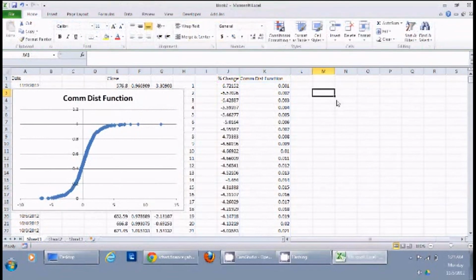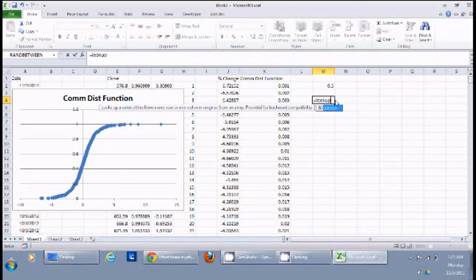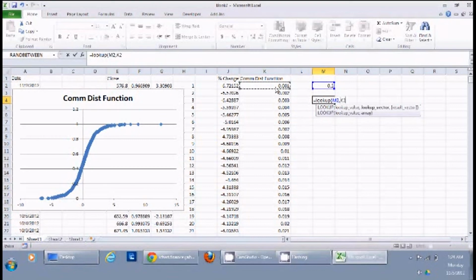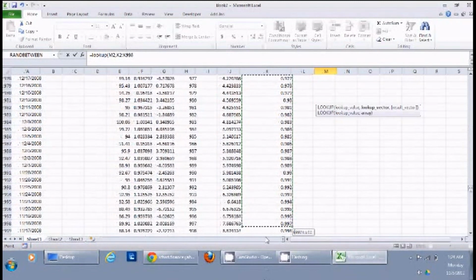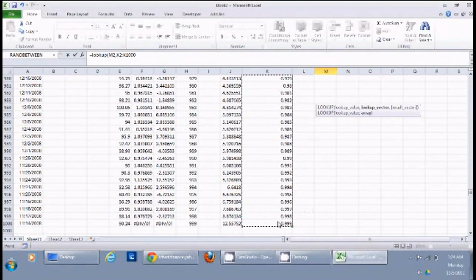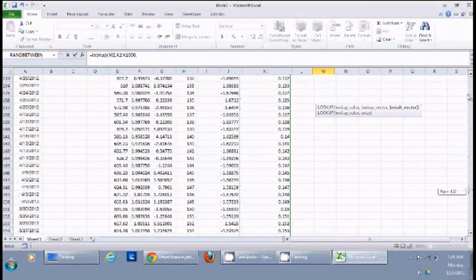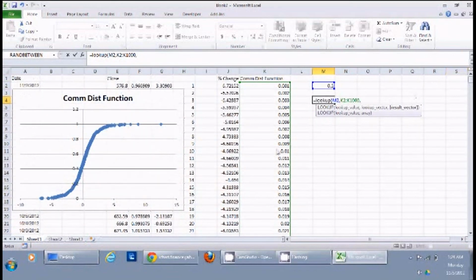So I can use the lookup command. Let's assume that we want to calculate the probability for 0.5. So I'll say lookup, and then I select this value because I want to look up 0.5, and then I'll select this column, and then this is my result column.